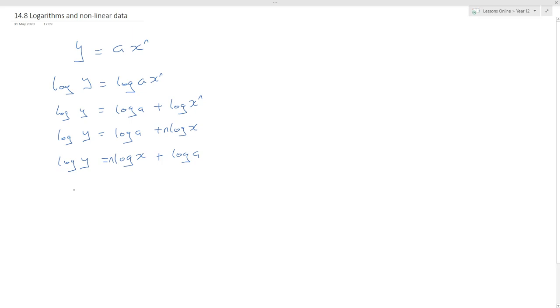Now I've rewritten it because we know our straight line equation as y equals mx plus c. So our constant term in this case is log of a, our gradient is n, so those are our two constants, and then our x variable is log of x, and our y variable is log of y. If you want to pause that and make some notes.